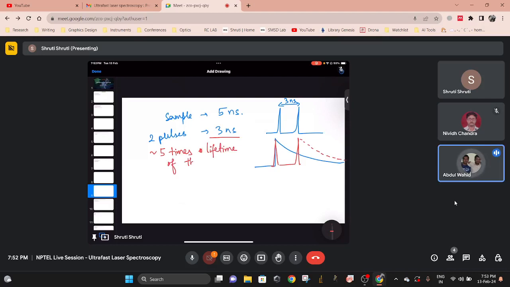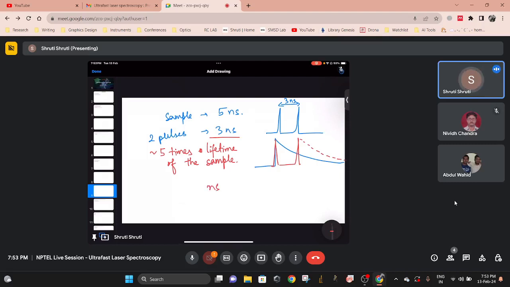But how do you come to know the lifetime of your sample? Yeah, you can ask that question, because we are measuring the lifetime only, but how do we decide this? You can have an estimate. Suppose it will be around nanoseconds.